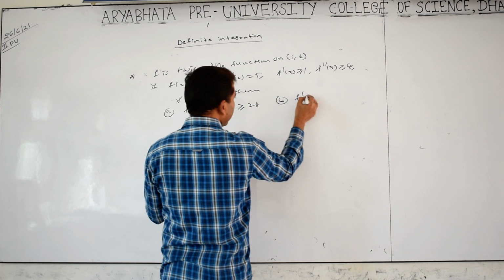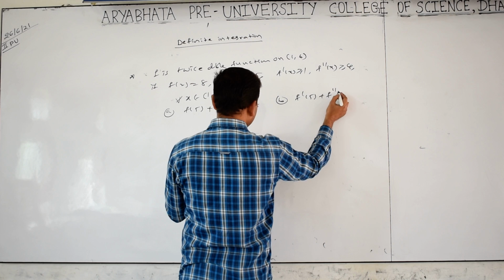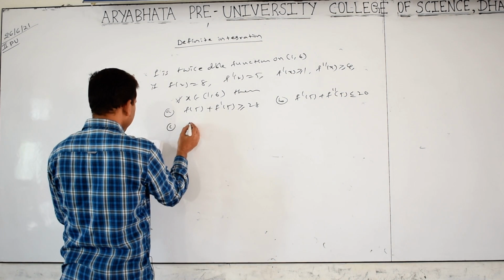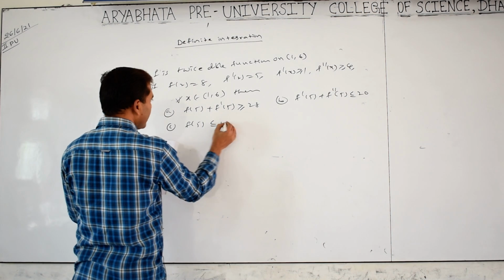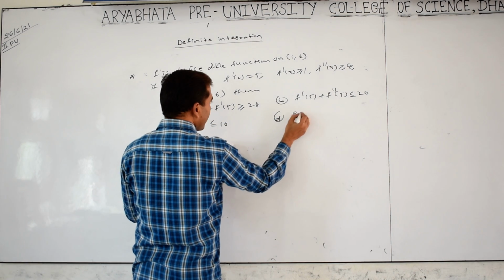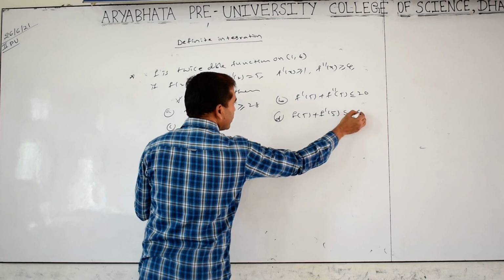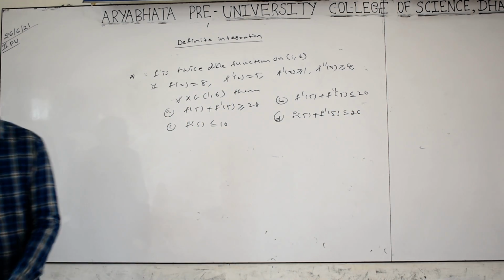B, f dash of 5 plus f double dash of 5 less than or equal to 20. C, f of 5 less than or equal to 10. D, f of 5 plus f dash of 5 less than or equal to 26.